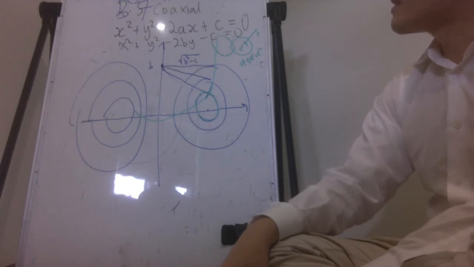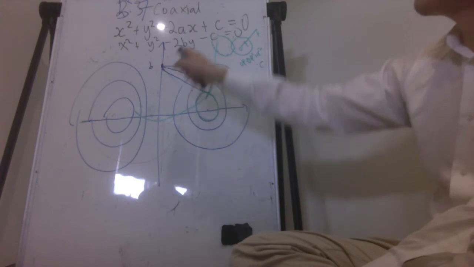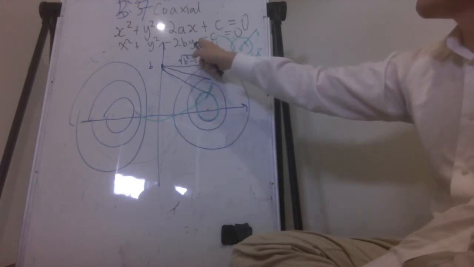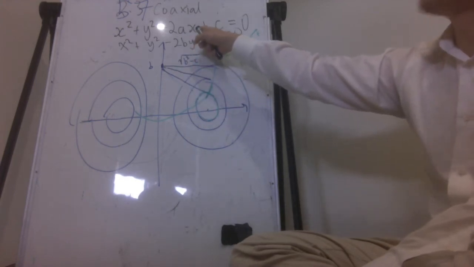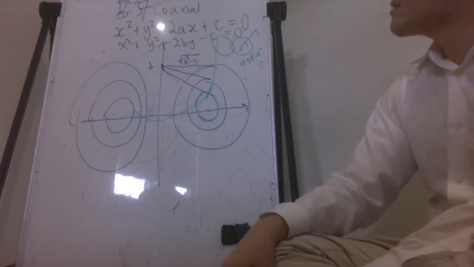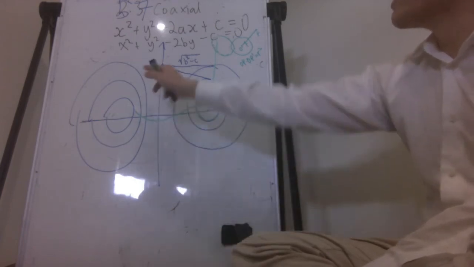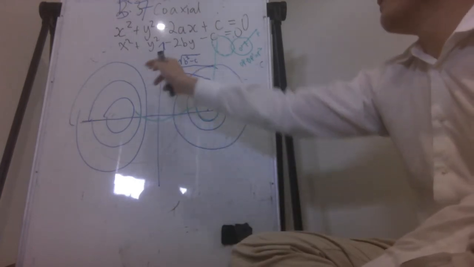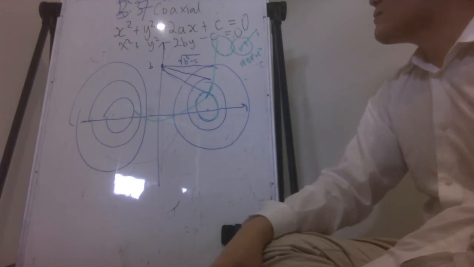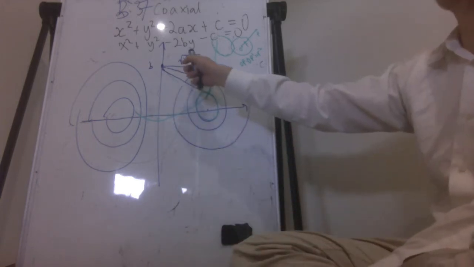Okay, what should we check? We should check that everything on this is orthogonal to everything on that, yeah? So let's look at A, B of this B. Its radius is that. Yeah, we already did that.